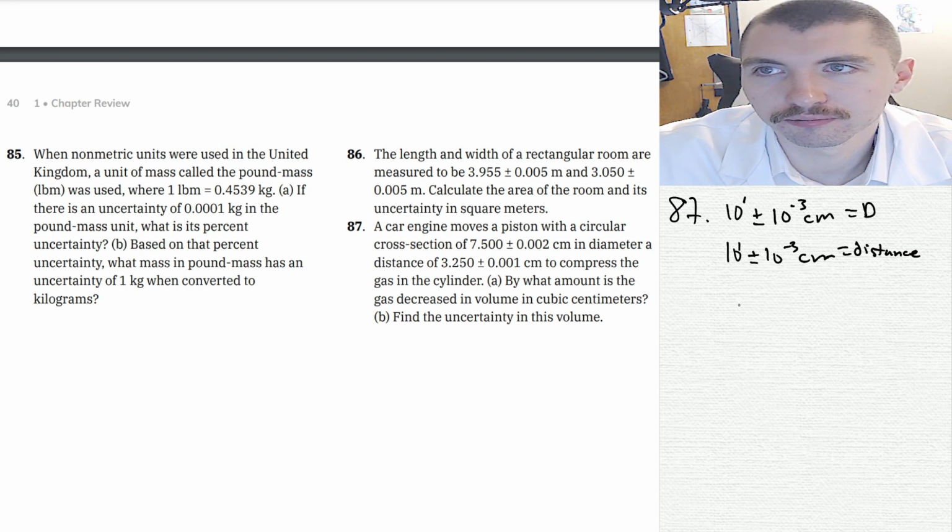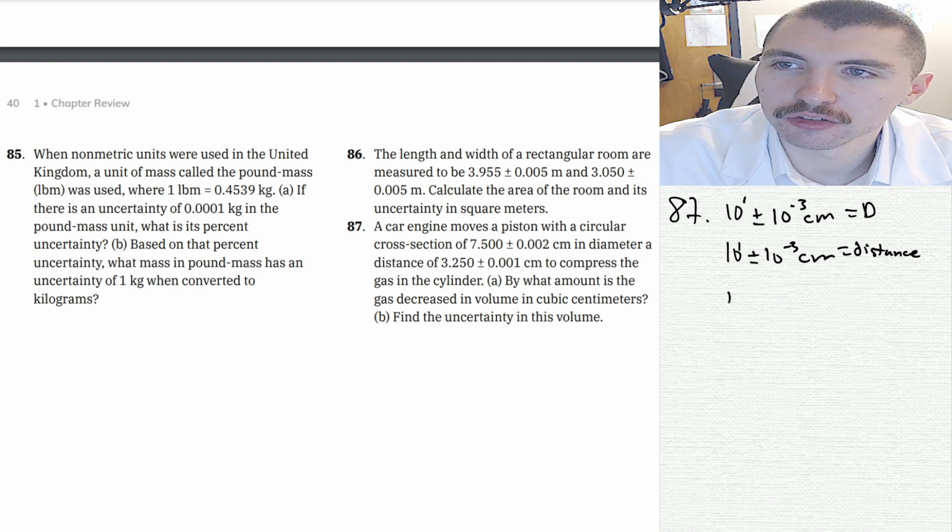Okay, so we could take this about, so the radius is about the same. So we want to know the area over distance, I think.